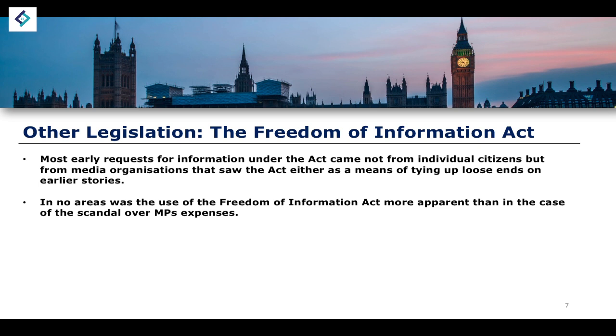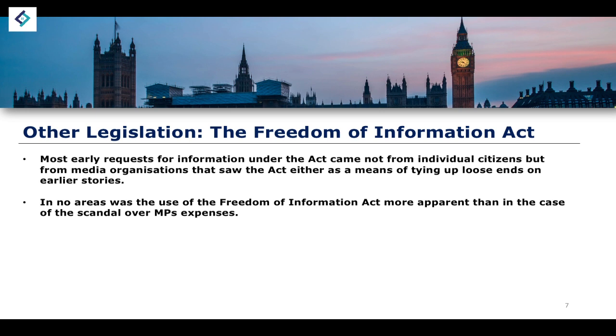Freedom of Information Act more apparent in its use and more substantial in its use than in the case of the MP expenses scandal, where it was revealed, after Freedom of Information requests, that MPs had been claiming on their expenses a number of different things that were essentially gratuitous, or just not within the limits of what ought to be claimed on an MP's expenses.